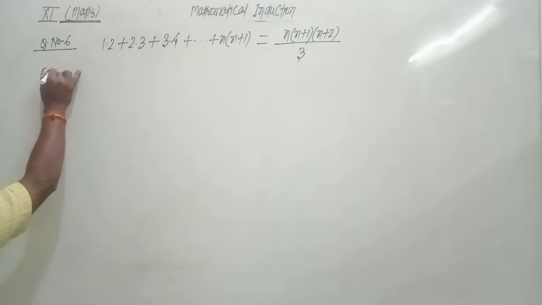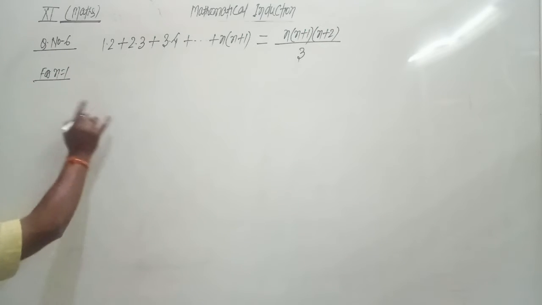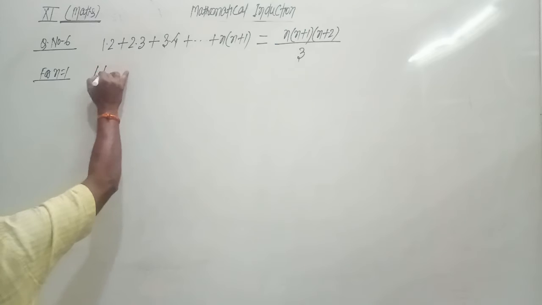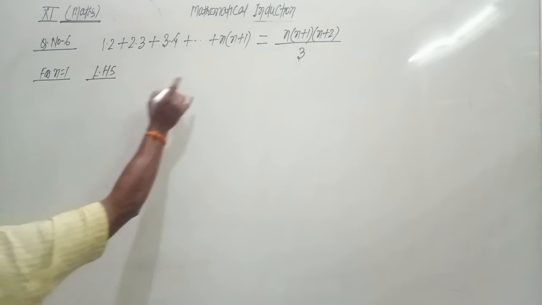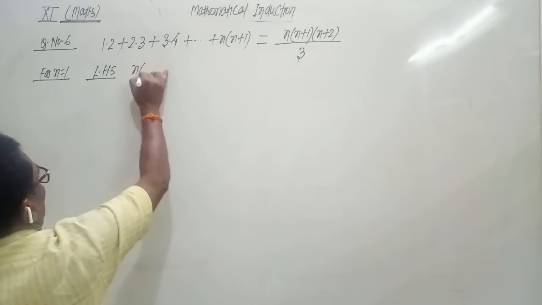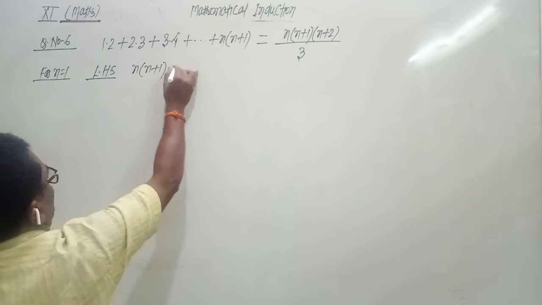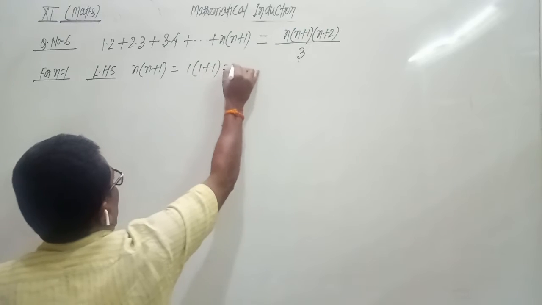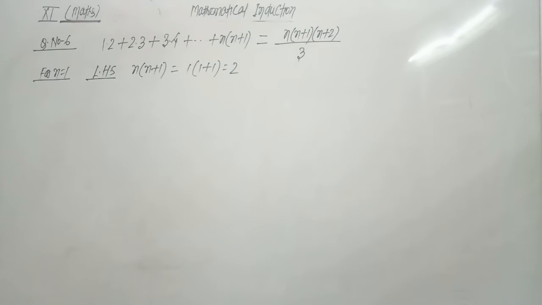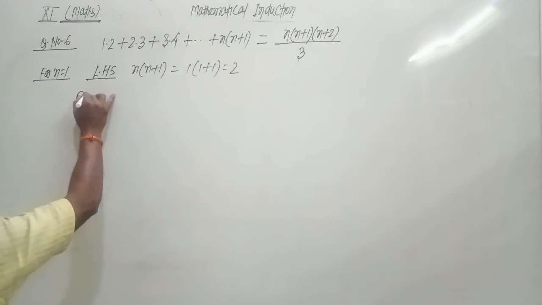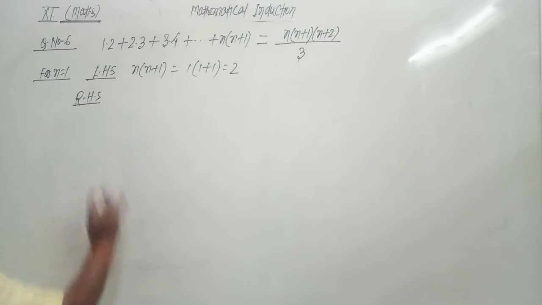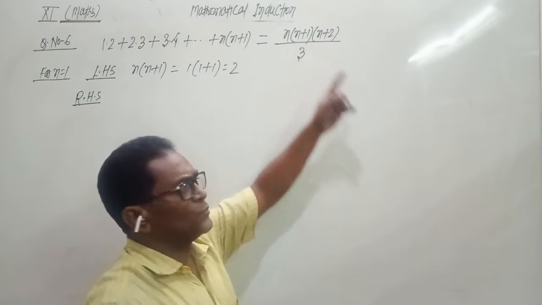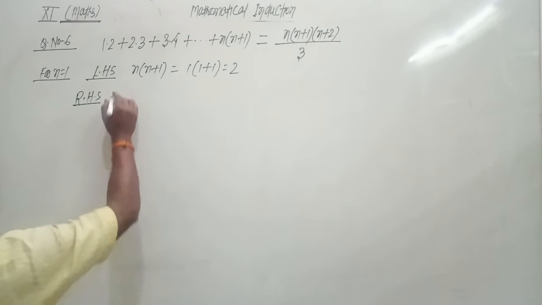So here we write for n equals to 1. LHS is n into n plus 1, and put the value of n equals to 1. So 1 into 1 plus 1, that is 2. So for n equals to 1, LHS is 2 and the value of RHS, in RHS we will put the value of n equals to 1.